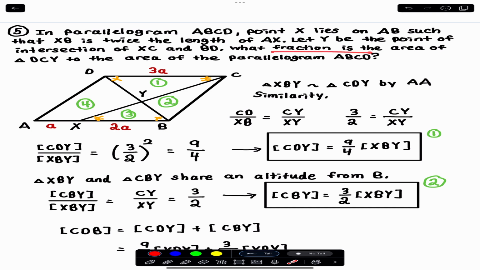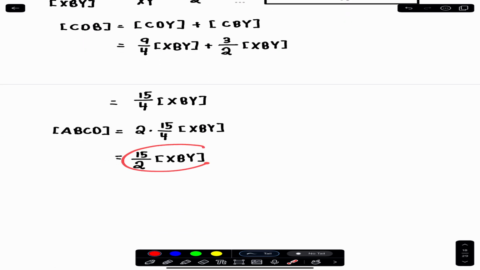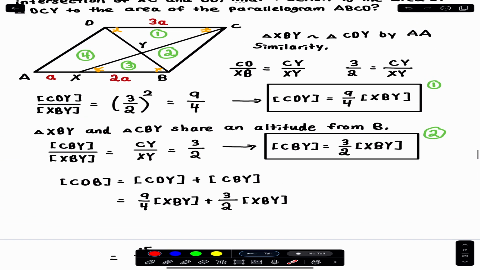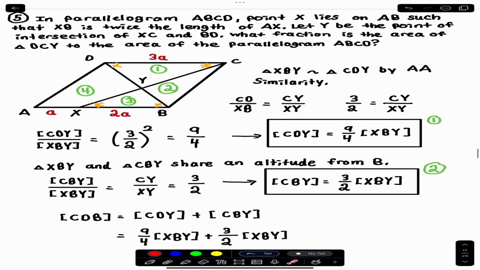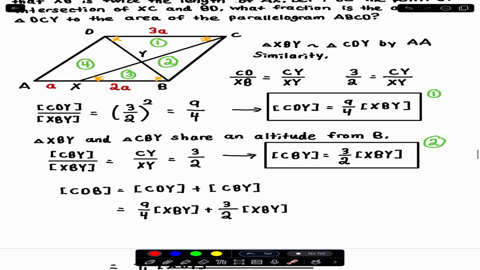We want to find what fraction is the area of triangle DCY to the area of the parallelogram. We found the area of the parallelogram is here, and we found the area of triangle DCY. DCY, CDY, same thing, just read in a different way. Same triangle.